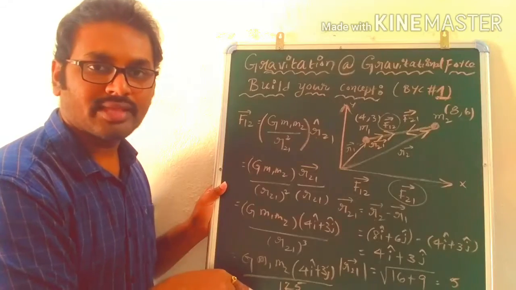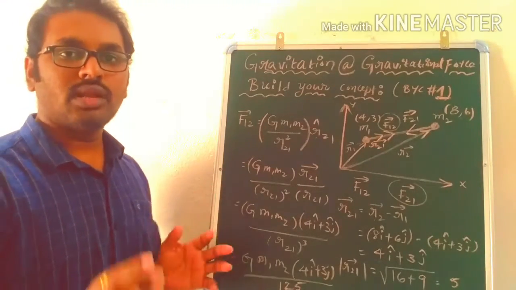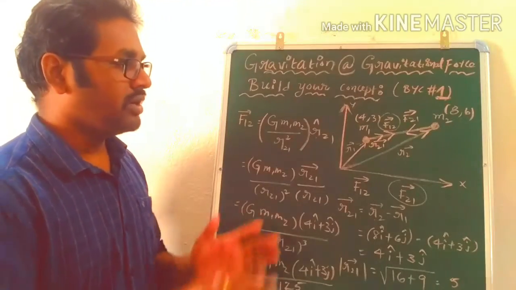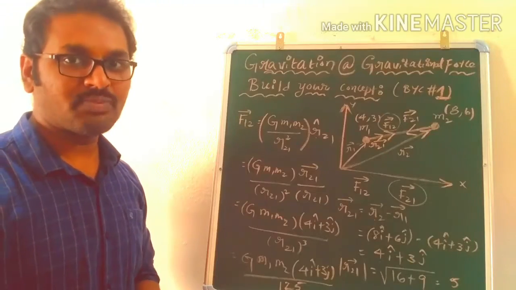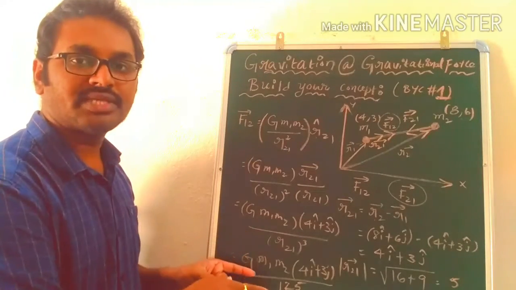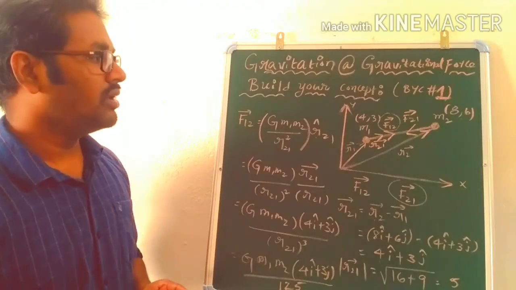You will get the same magnitude with one difference: the negative sign changes. So let us try, my dear students, to find the force acting on the second particle due to the first particle. You will get the same result with only one change, that is the negative sign.